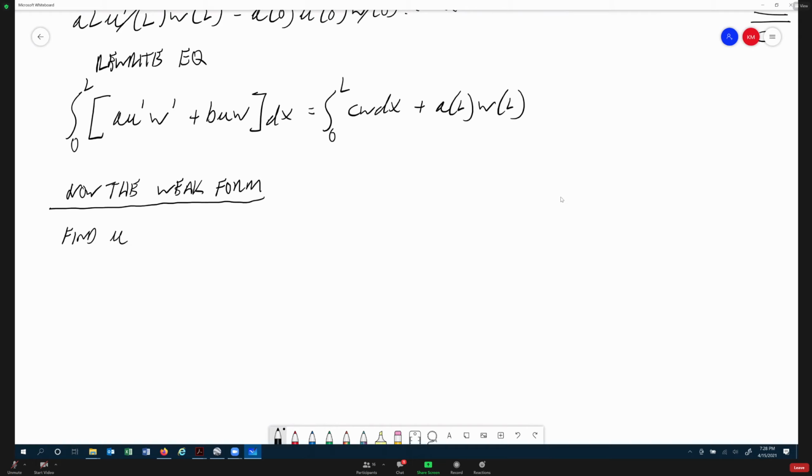Find u contained in delta such that B(u, w) is equal to L(w) for all w within this V.